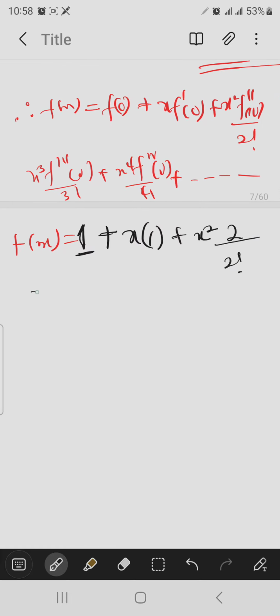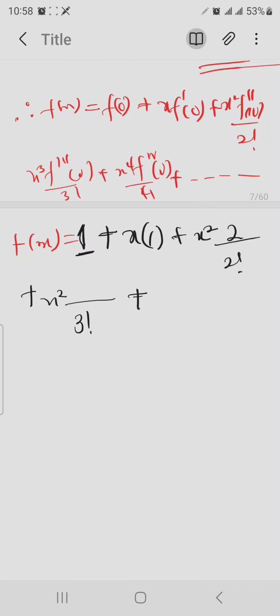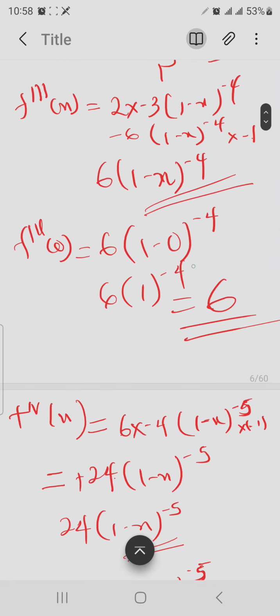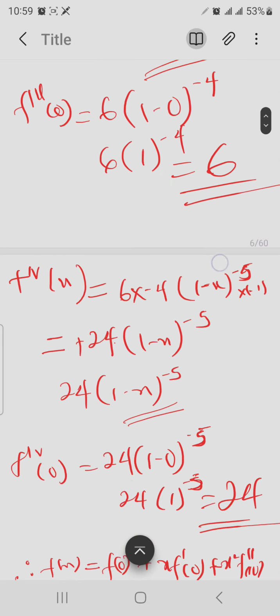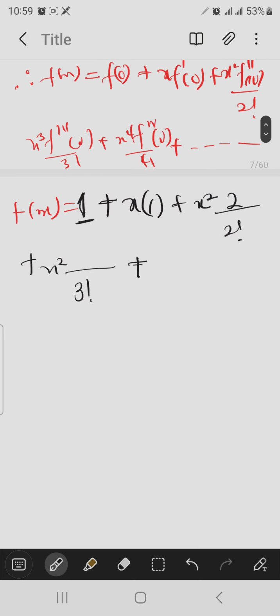Plus x cubed f triple prime of 0 over 3 factorial. Let me go and check it. F triple prime of 0 is 6. So it becomes 6, plus x to the power of 3.